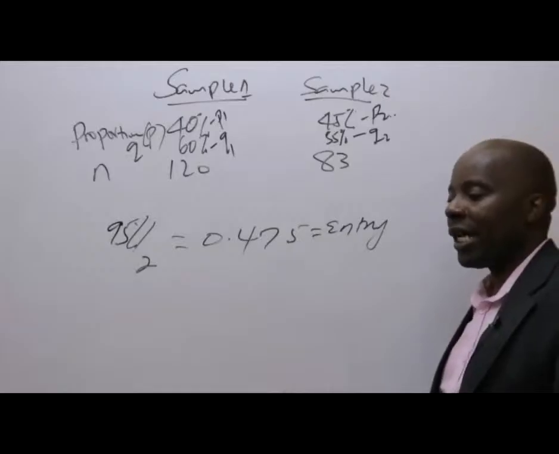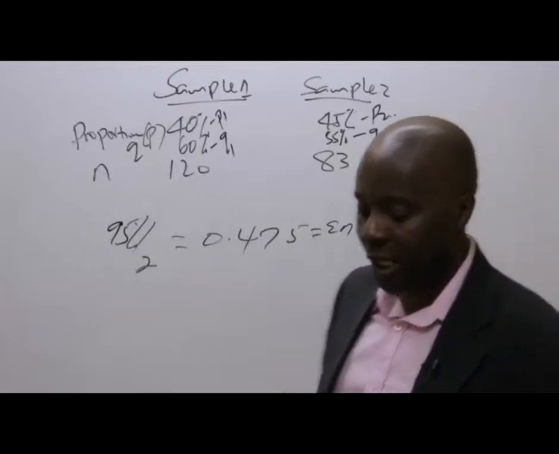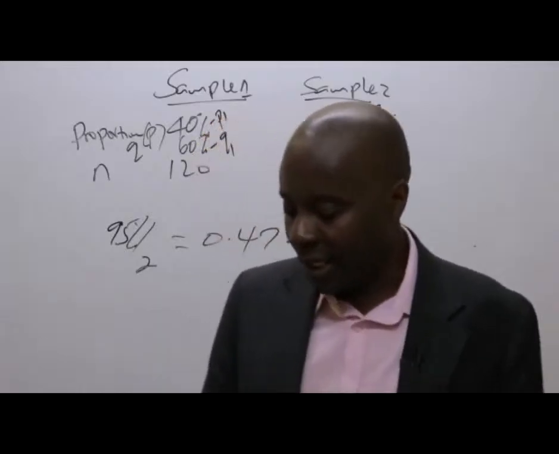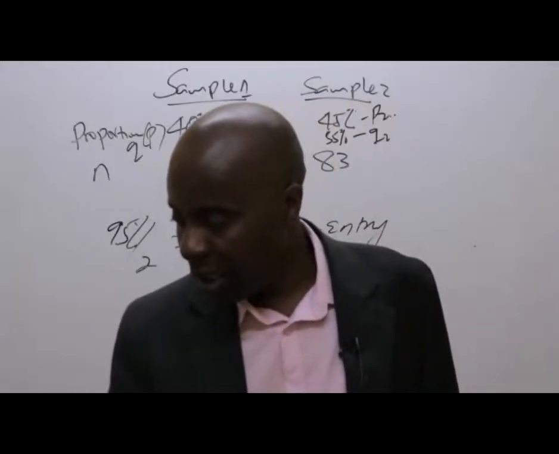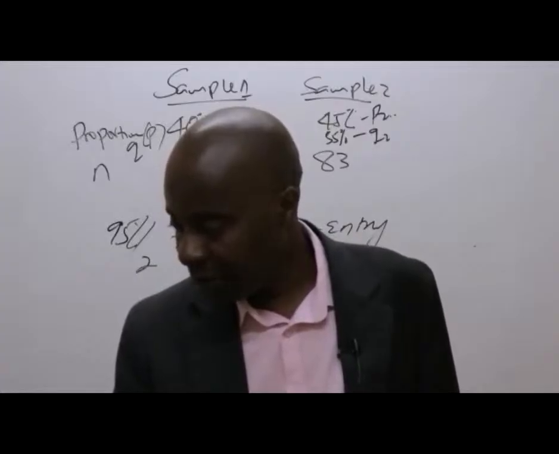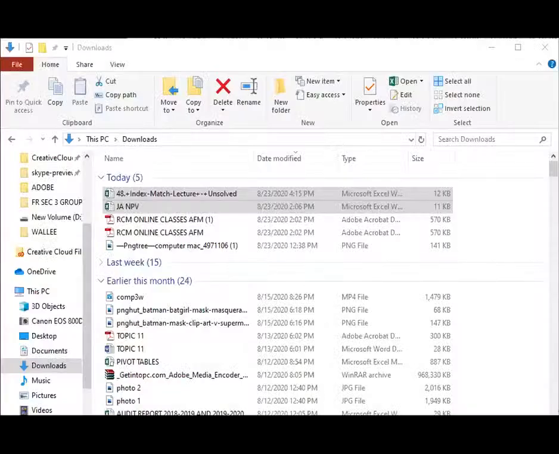So get inside the Z table. When you are inside there, you should be able to read this 0.475.